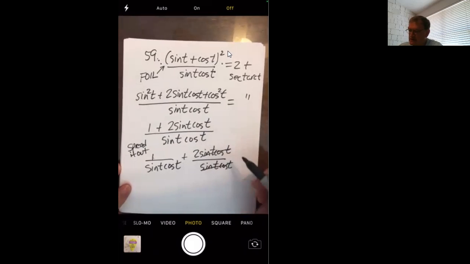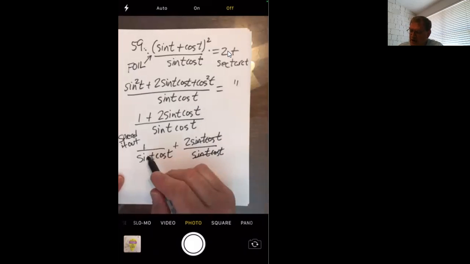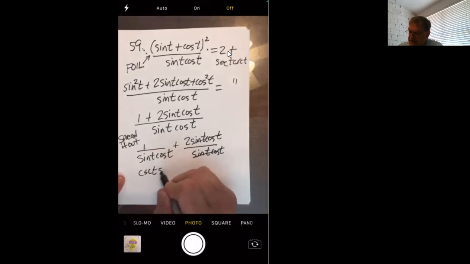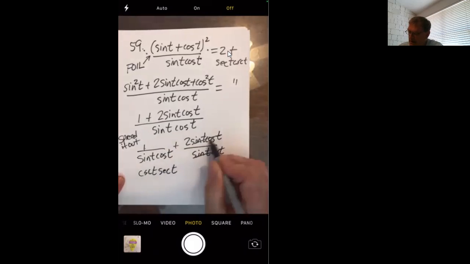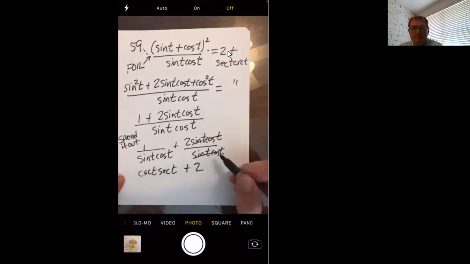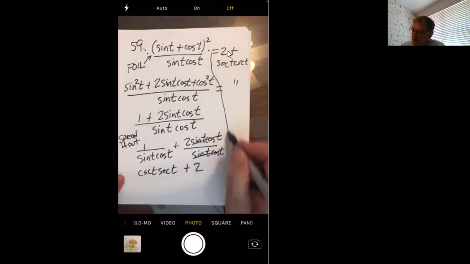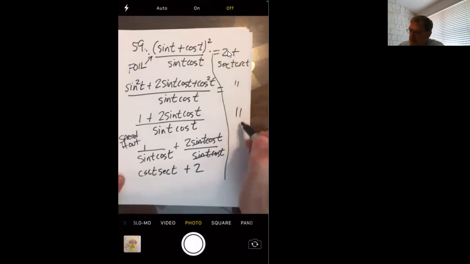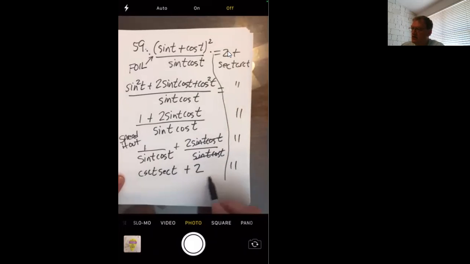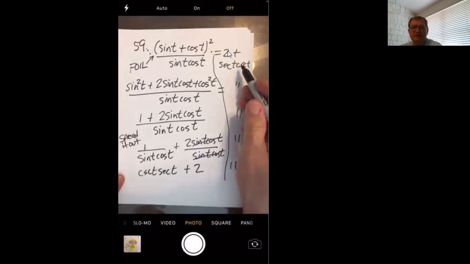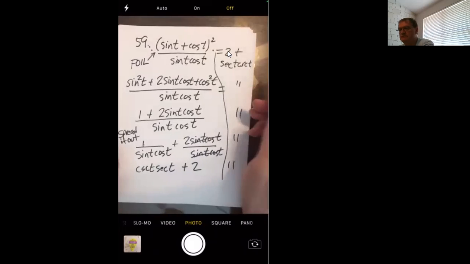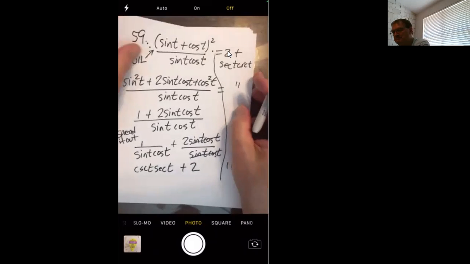All of this cancels. 1 over sine is your cosecant. 1 over cosine is your secant. And with all that canceling, you're left with 2. And if you will notice, that's identical to this. A little switched in order, but don't let that bother you.